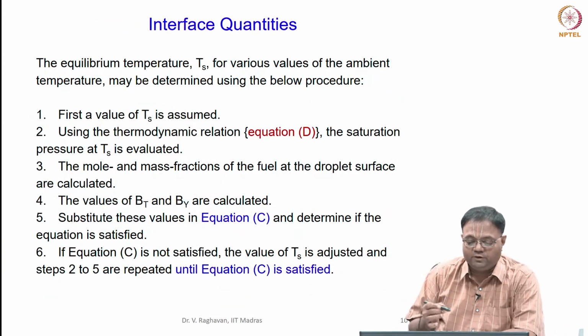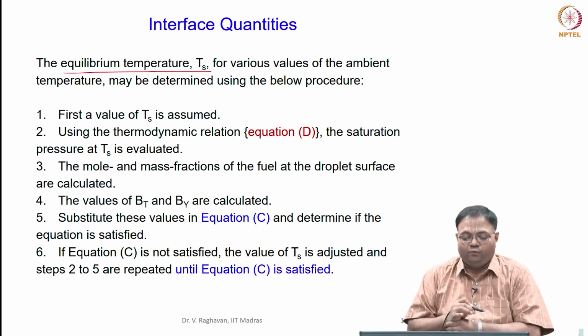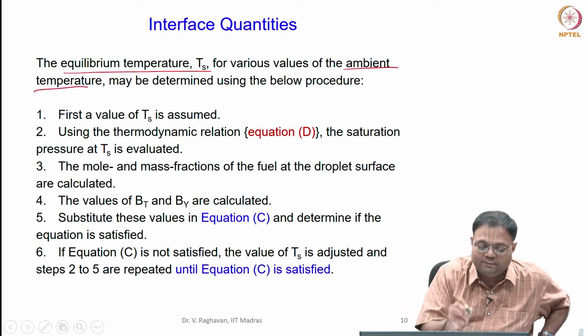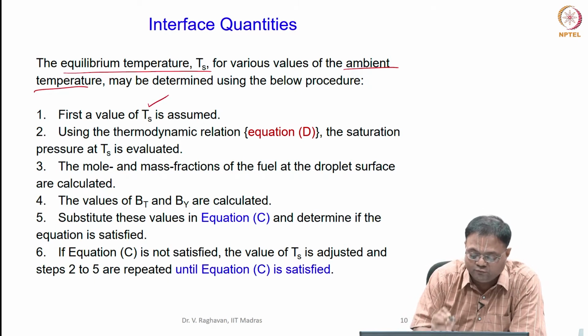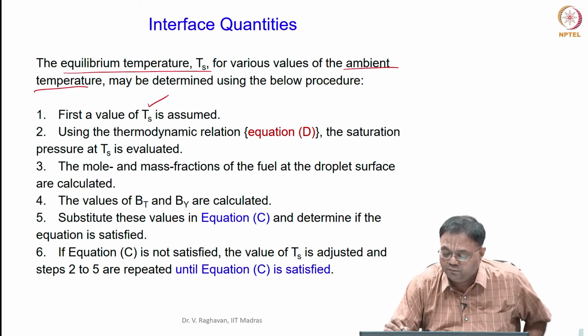Okay. The procedure for calculating the equilibrium temperature is as follows. You fix the ambient temperature, at any given ambient temperature we can do this. First you assume the value, since you do not know the value of Ts. Let us say you take any fuel, for example NF10, the boiling point of this will be say 371 Kelvin.